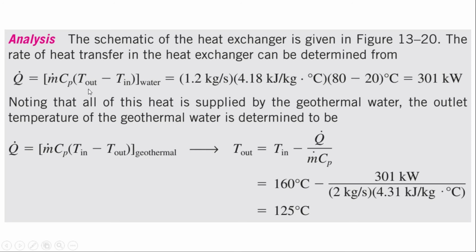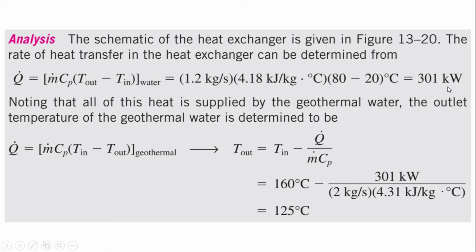Because we are only given the two temperatures of the cold fluid stream. We are given the mass flow rate, and we are given the specific heat, which we have taken from the literature, that is 4.18, and the inlet and the outlet temperatures of the cold fluid stream are also given. So after putting the values, the total heat transfer rate, or the amount of heat taken up by the cold fluid, is 301 kilowatt.